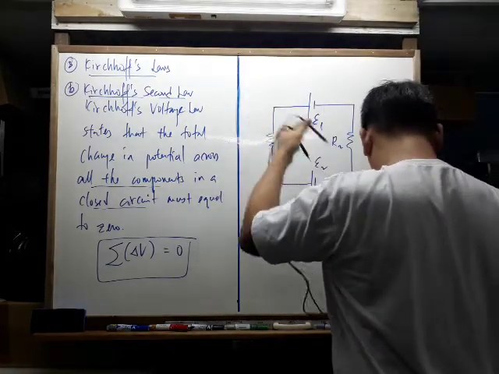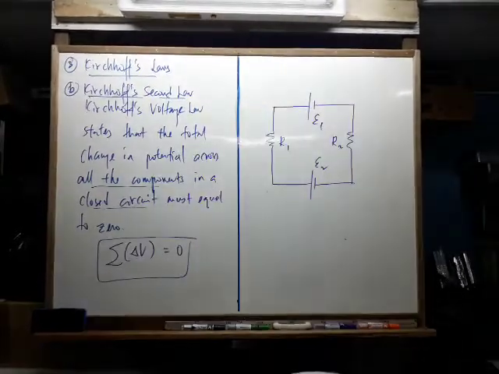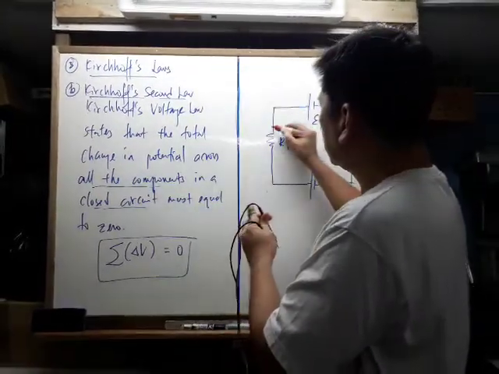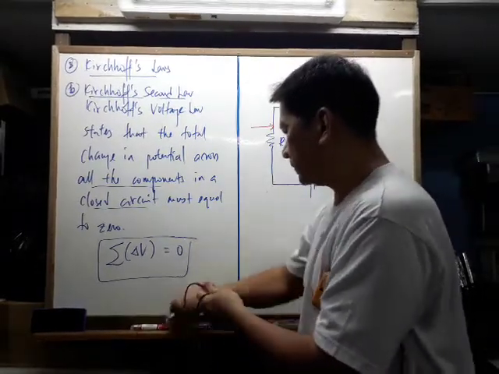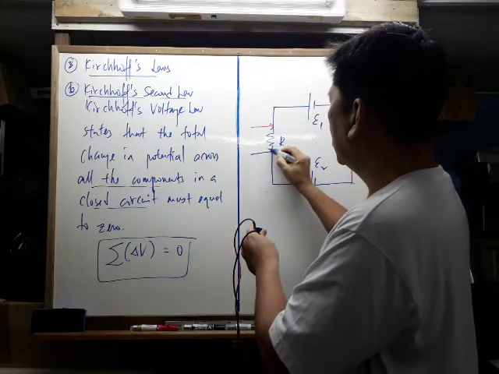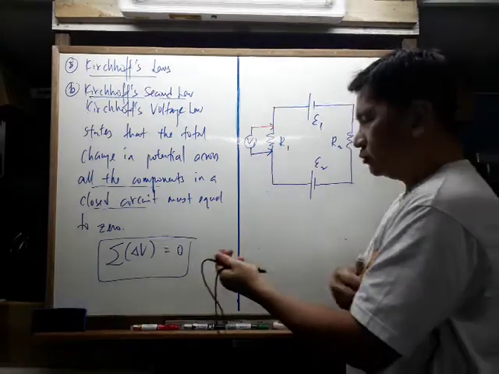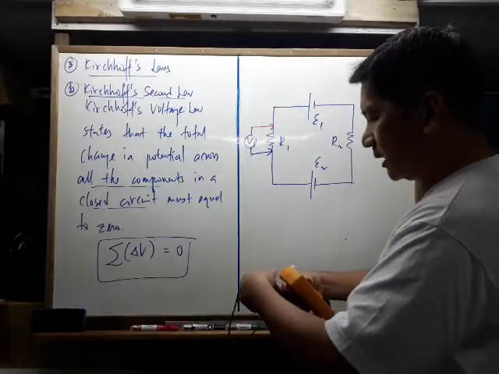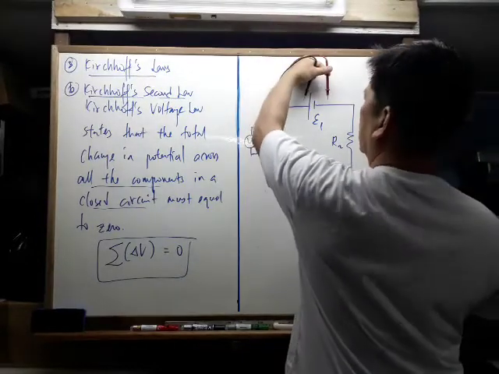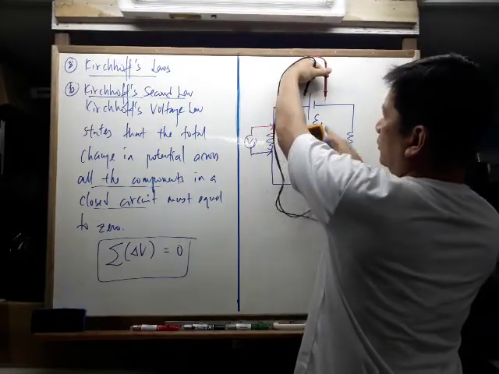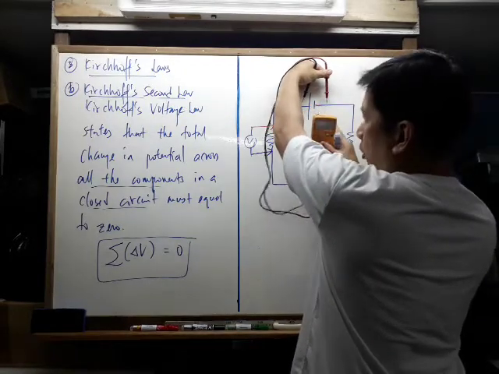So this is the positive terminal, and the other one is the negative terminal here. Let's say our reading is V1. Then you go to another component, and you move your voltmeter like this. When you are standing inside looking at the measurement, the positive is still on the right hand side of the component from your point of view.